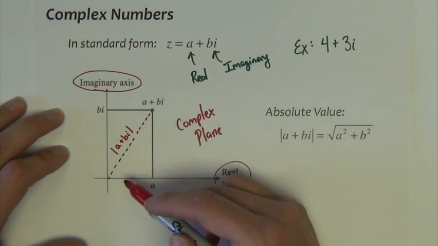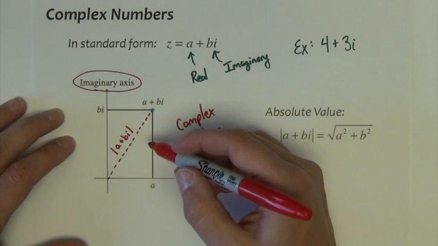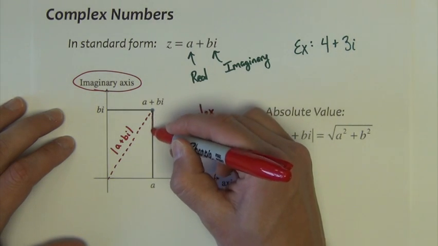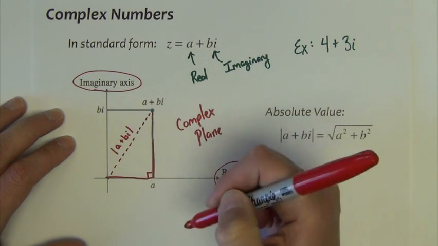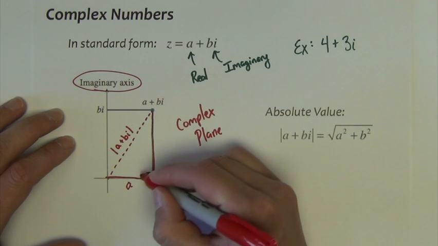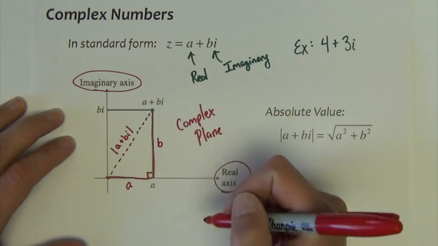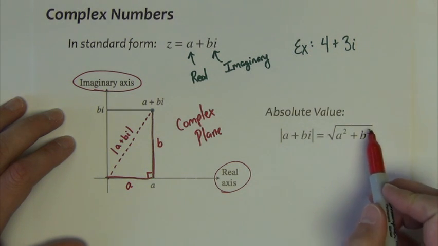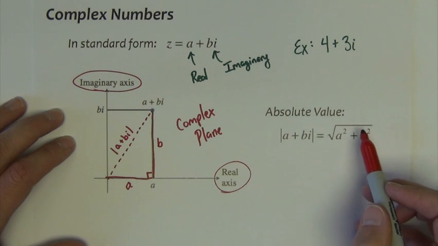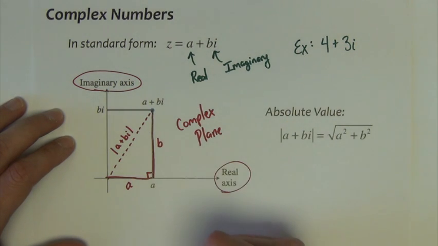To find the absolute value, it's simply a Pythagorean theorem computation. If we were to come straight down and straight across, making a right triangle with legs a and b, that's the computation you see right here, the square root of a squared plus b squared, directly from the Pythagorean theorem, right triangle construction.